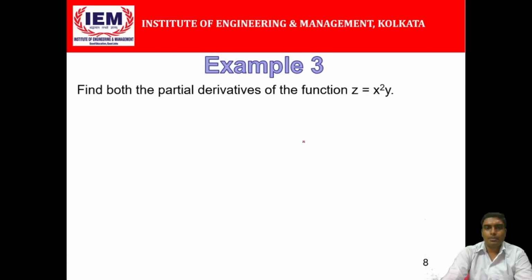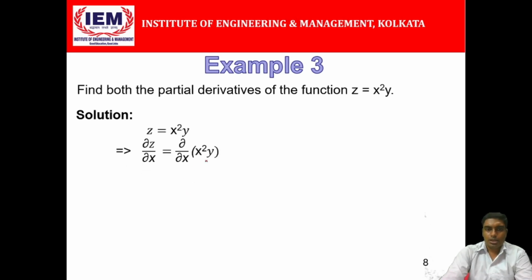Now the third example, where we have z as x square y. In the case of the partial derivative with respect to x, here y is not a variable. Remember this when you are differentiating partially.